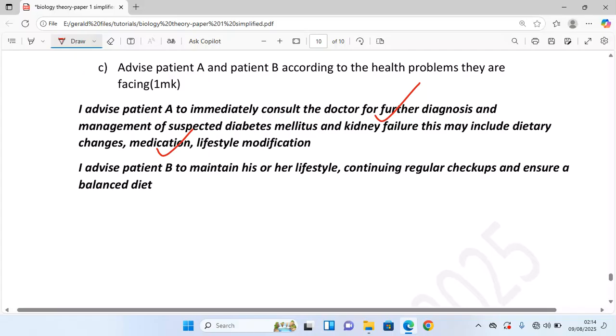What are dietary changes that can lead to a healthy functioning kidney? Stop eating a lot of salts, more so, take low salt. Stop eating a lot of fatty foods, and even when you eat them, have enough physical exercises. Then medication, then lifestyle modification.